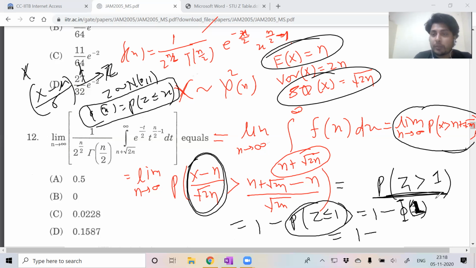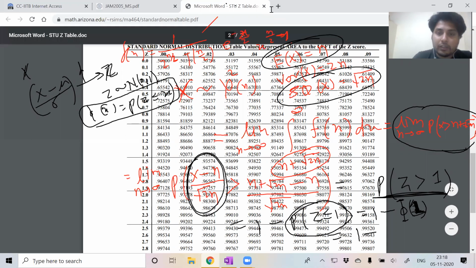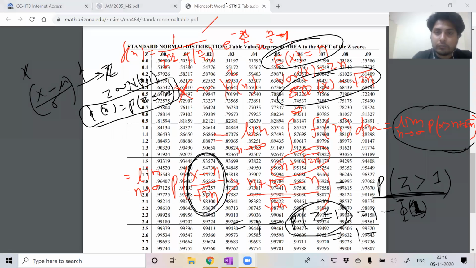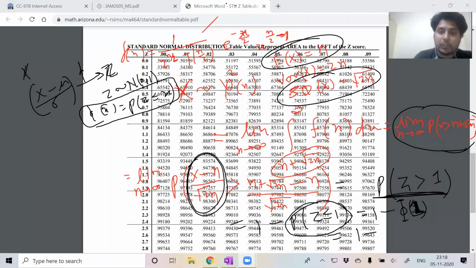In the exam it will be given. So here we can check, yes, we have a table. In this table, if you can see, for z is 1, the value is 0.8413.